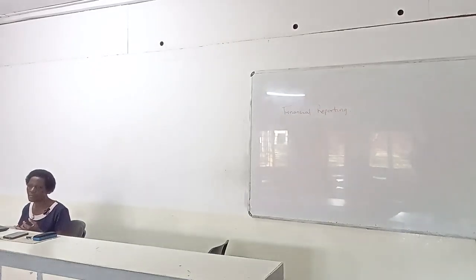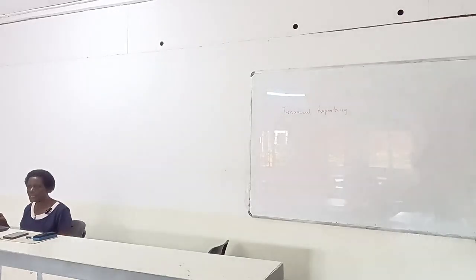The second one, information flow, articulation of the financial statements. And then the third one is what? Information flow. The fourth one is what? Tax and changes. Okay, the other one is what?